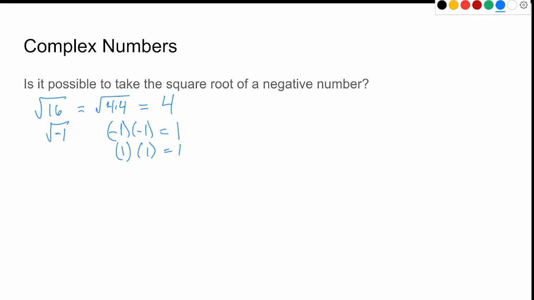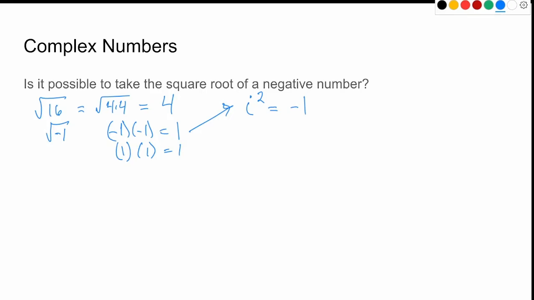So the way to make this possible is to creatively come up with a solution. We will just say there is a number that when you square it, it's equal to negative 1. We don't know what it is, so we'll call it an imaginary number because we're using our creativity at this point. So i is the imaginary number.